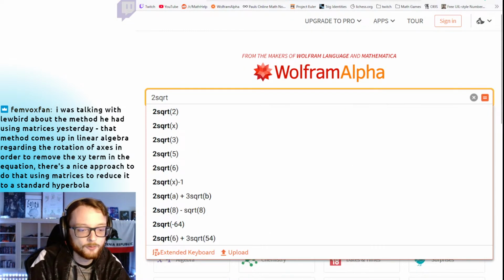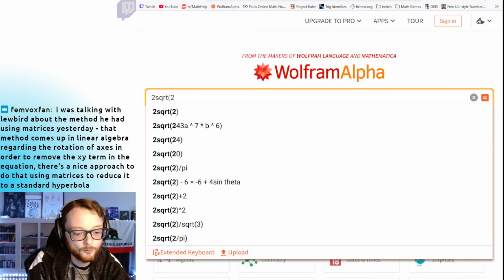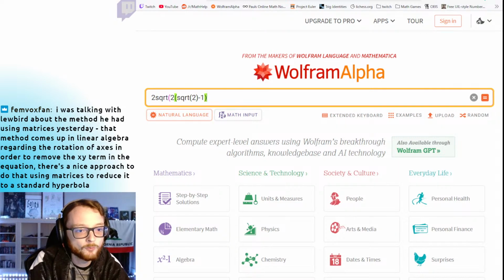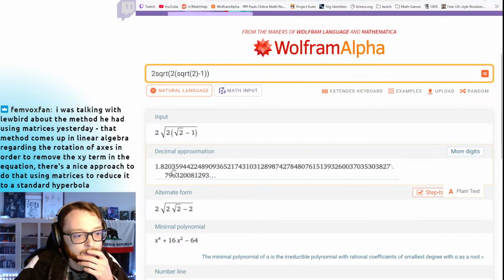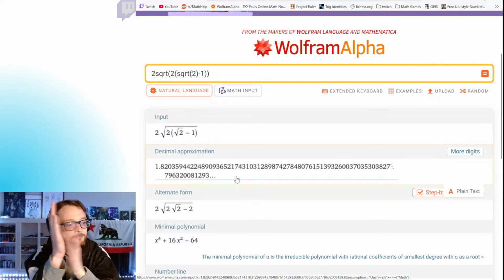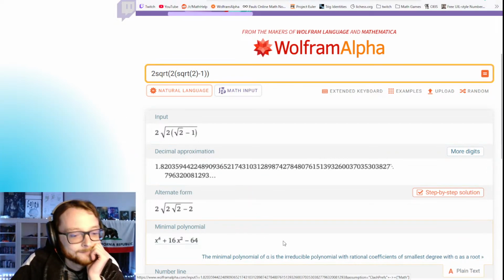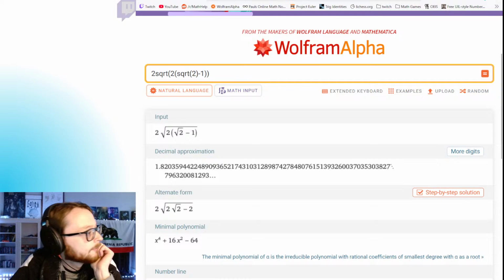Okay. 2 square root 2 parentheses square root 2 minus 1. 1.8209? Oh, maybe that was it, yeah. This thing looked like half the golden ratio, but it wasn't quite. Wow, nicely done. It's a nice technique there.